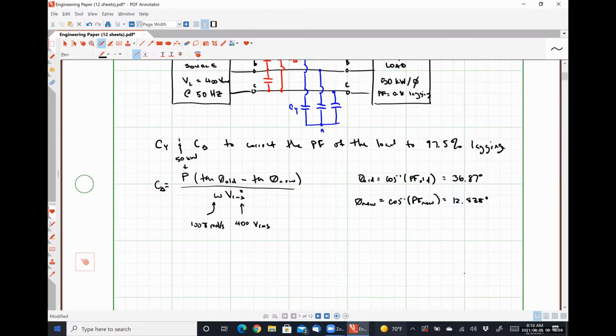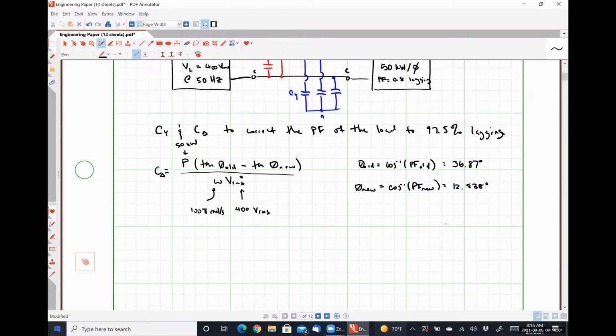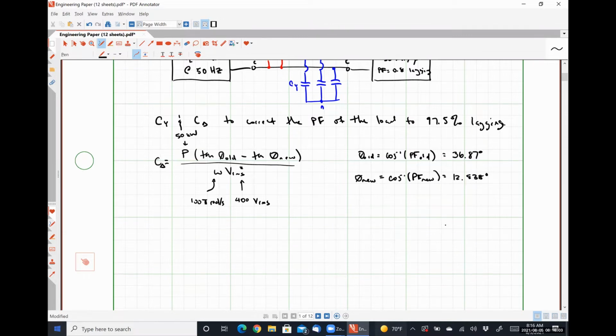With that taken care of, we have all of the information we need to calculate C delta.